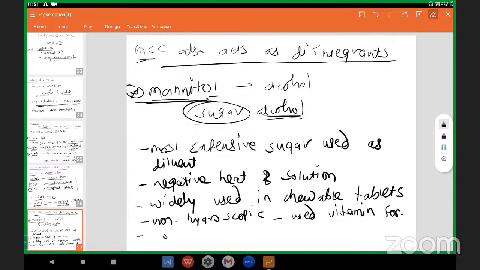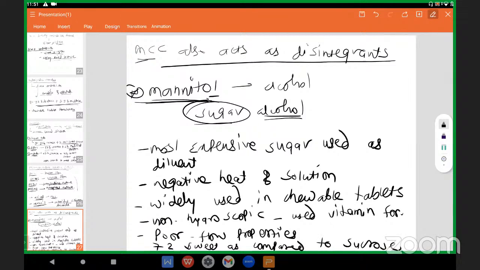Flow properties are poor, and it is 72 times sweet as compared to sucrose. Okay, these are काफी important points regarding the mannitol.